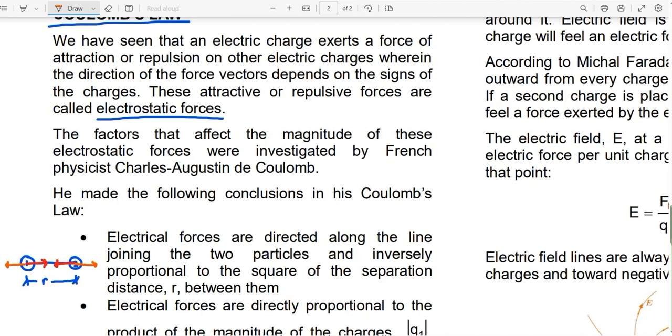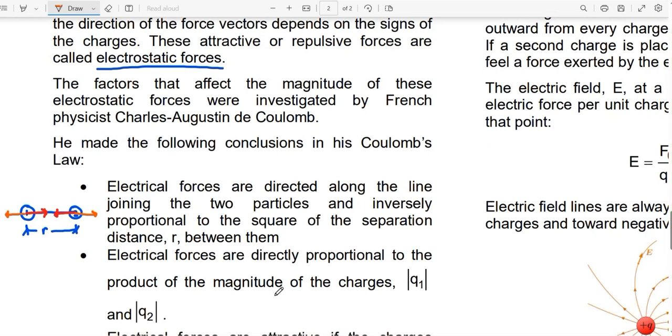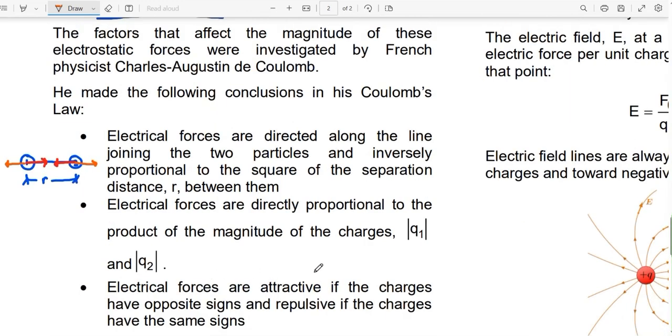And then the magnitude of electrical forces is directly proportional to the product of the magnitudes of the charges of the two particles. Let's say the charge of particle 1 is Q1 and the charge of particle 2 is Q2. Electrical forces are attractive if the charges have opposite signs and repulsive if the charges have the same sign.